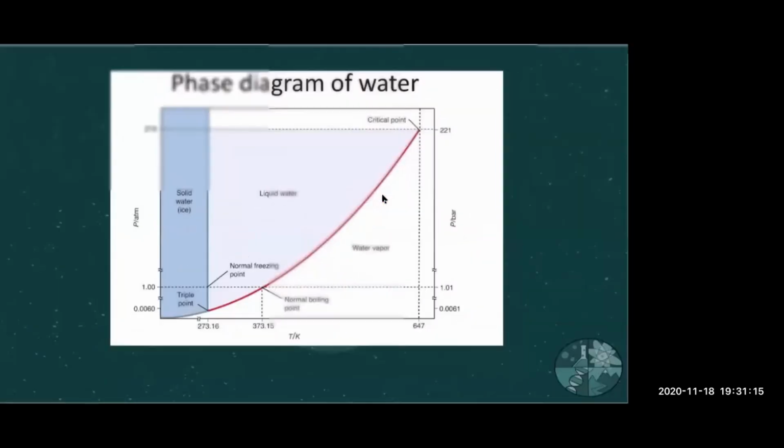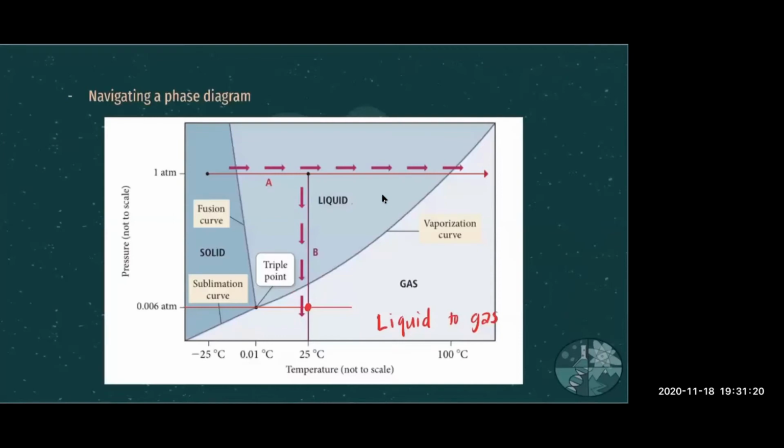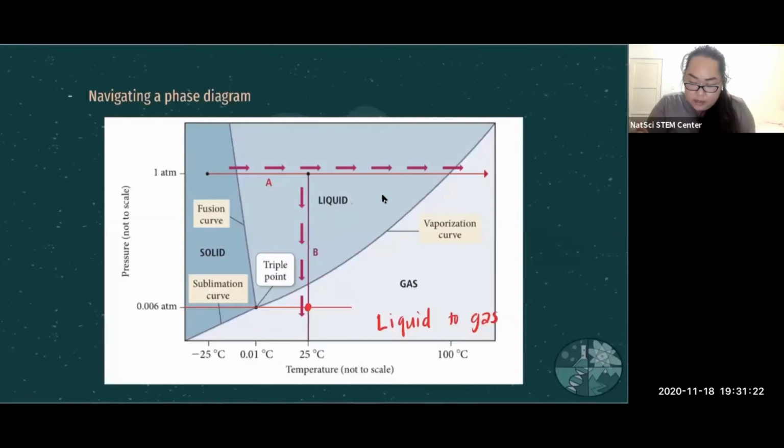On this phase diagram, the vaporization curve is when a liquid is going between a liquid and a gas, right?